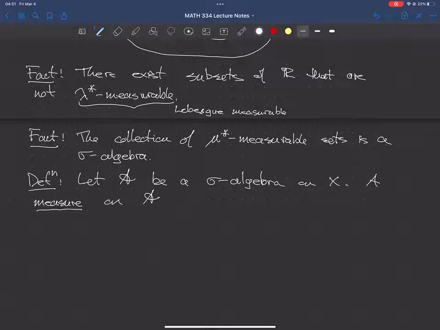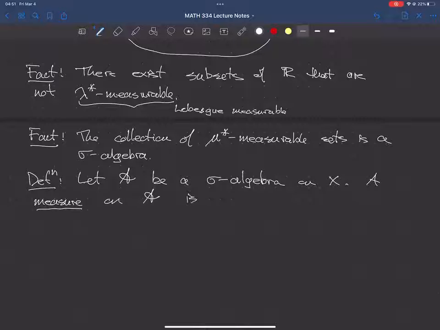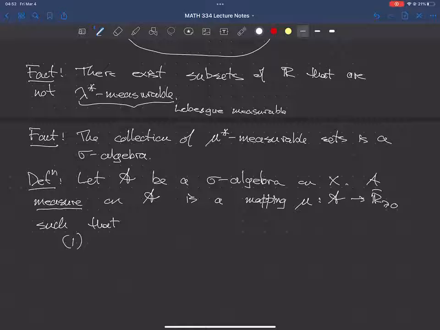A measure is only going to measure elements of the sigma algebra script A. A measure on A is a mapping mu such that, first, I'm going to require that mu of the empty set be 0.